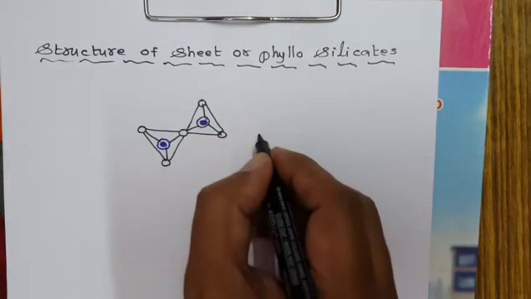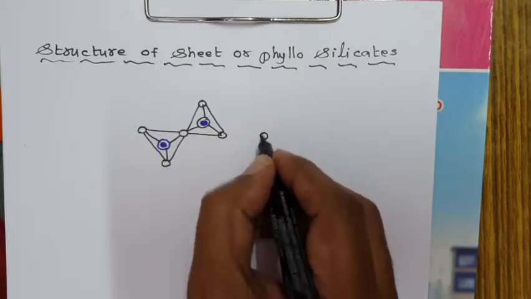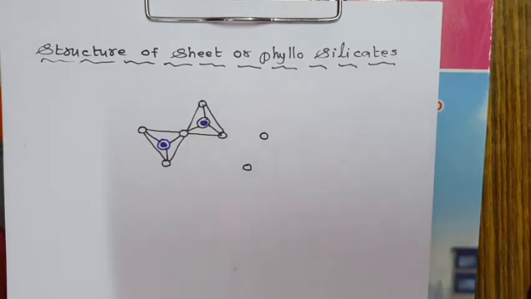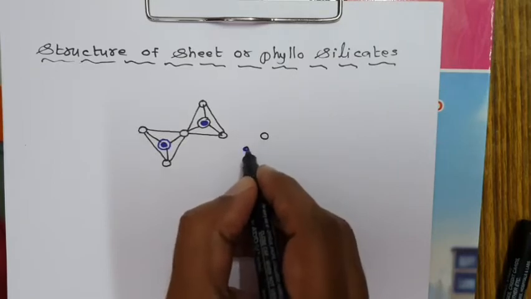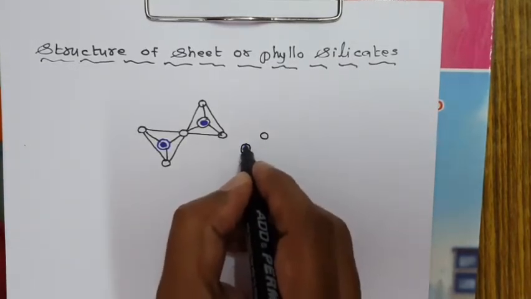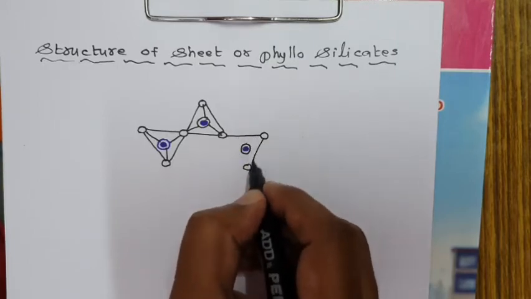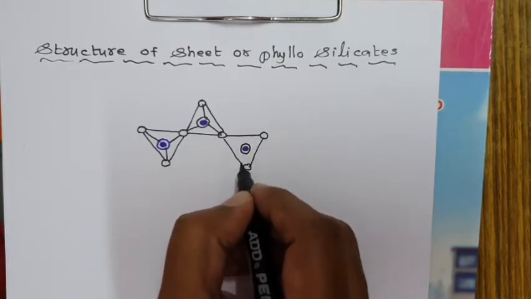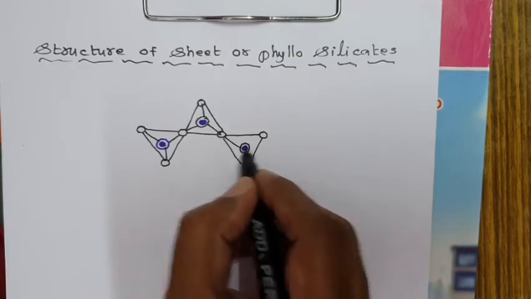Again one silicon at the center, surrounded by oxygen, each of the 4 oxygen atoms linked.